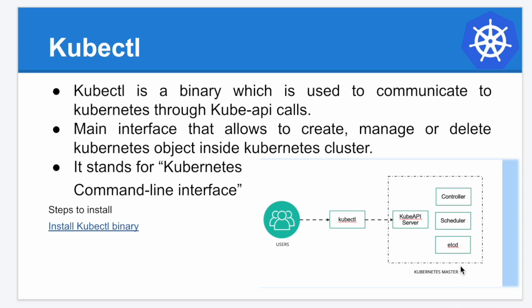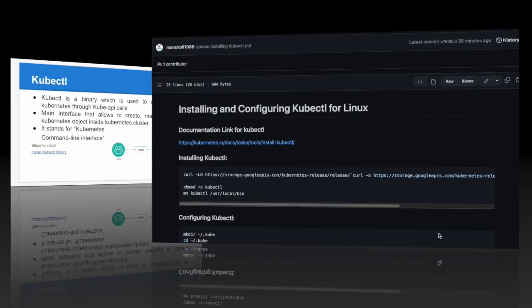Now we will see how we can install the kubectl binary on your Linux system, or your Windows or your Mac. So I have given a link over here, which you can see as a Git library, and when you open that link, it will look like this.